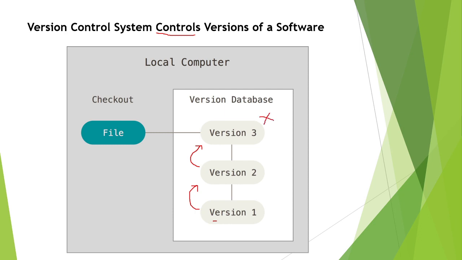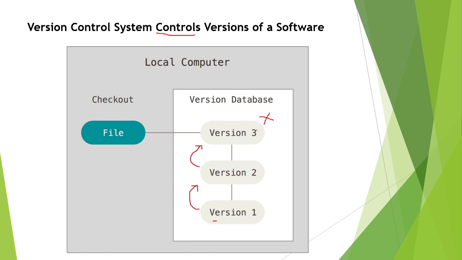It's an error. So, suppose I do not have any details of version 2 or version 1, I will be in big trouble. So, here the version control system comes into the role and helps us. It maintains a version database in our local computer.